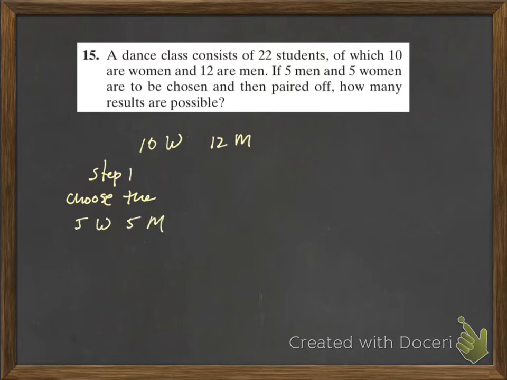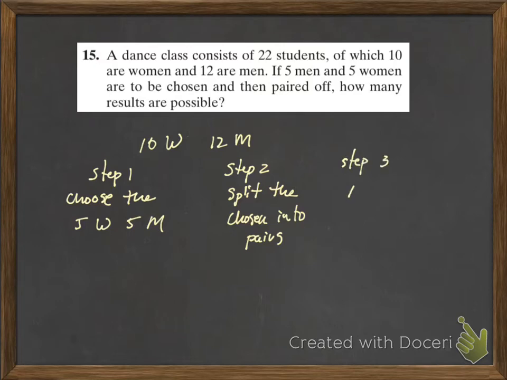Once we've done that, the next step will be to split the chosen into pairs. And the way we're going to do that is going to impose an order on them that we don't want. So our last step is going to be to divide out the overcount. And we'll talk through that when we get there.